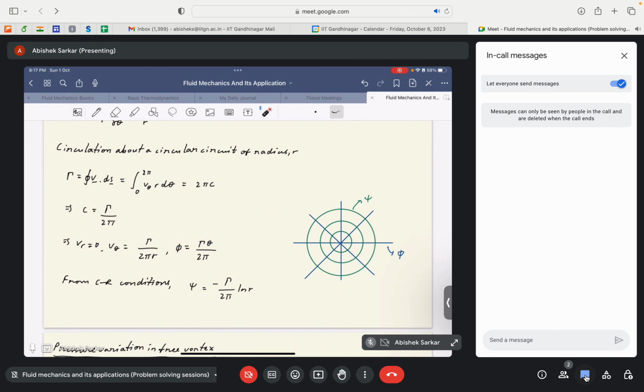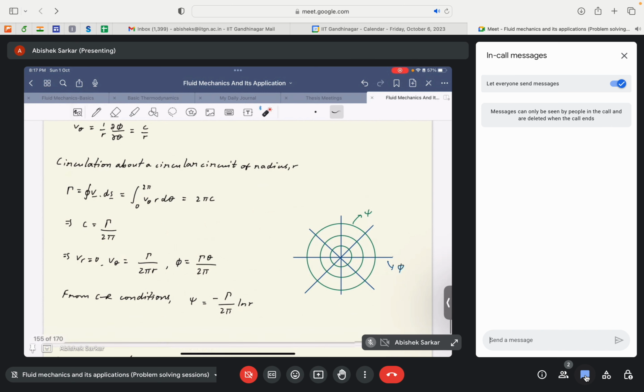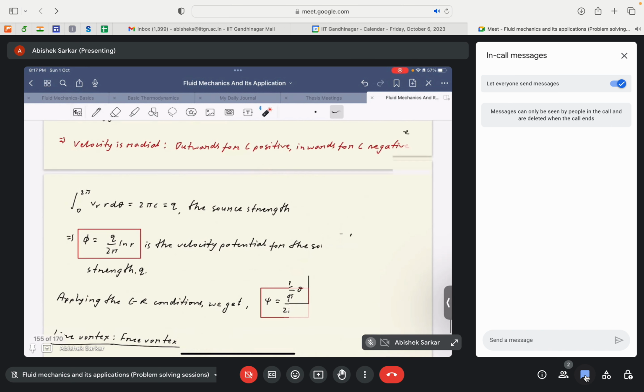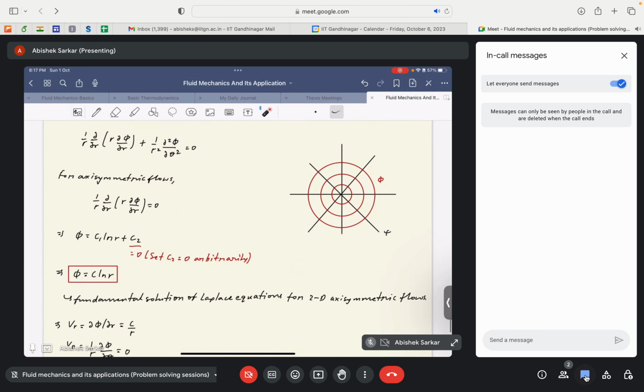Here again we see that since phi is dependent on theta, these blue lines now represent the potential lines, and these green lines, which are a function of r, represent the streamlines. This drawing and this drawing may seem like the inverse of each other, and you can recall it like that.